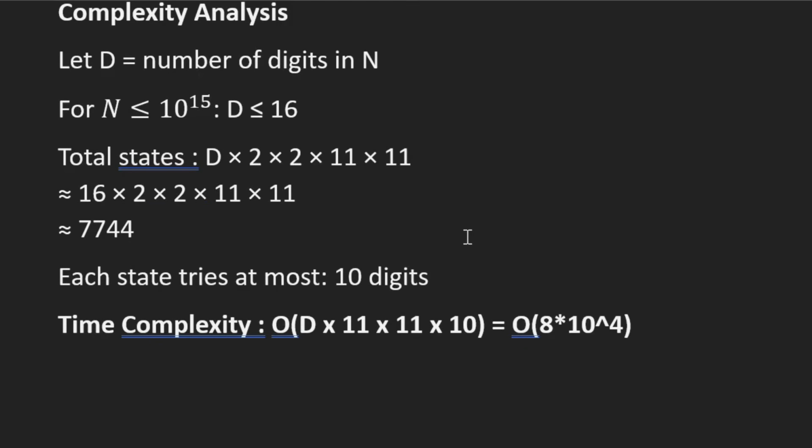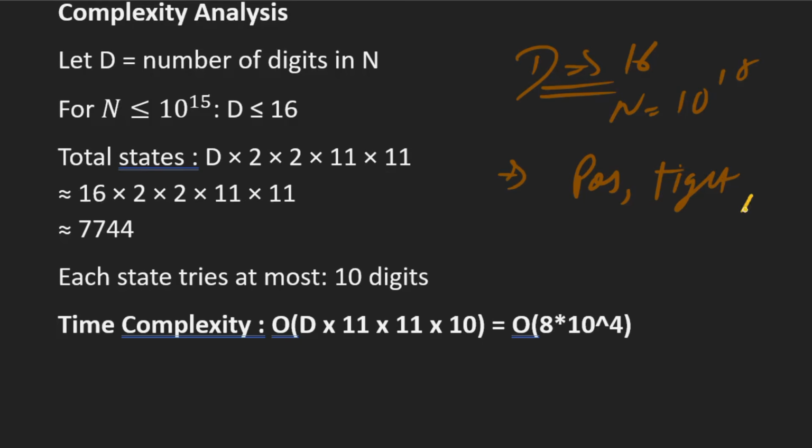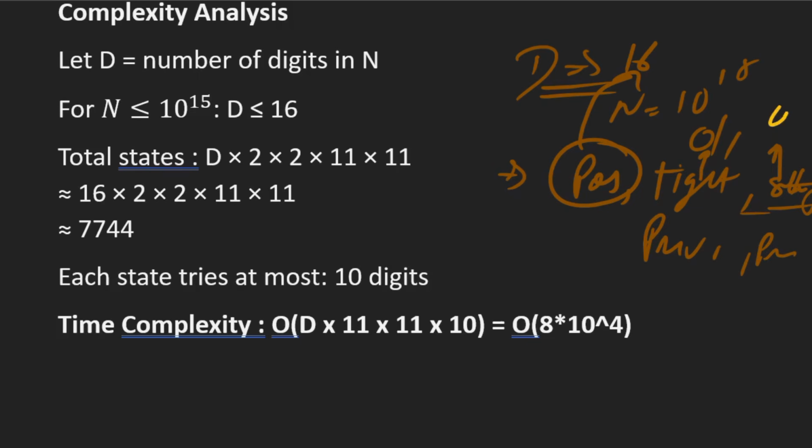So let's see the complexity. If d is the number of digits, and as we know n can be up to 10 to the power 15, so d will be 16, right? And in dp we have position, tight, started, previous one and previous two. Position can have 16 values, tight is either 0 or 1, started is also either 0 or 1, previous can have values from 0 to 10, previous two can also have values from 0 to 10.